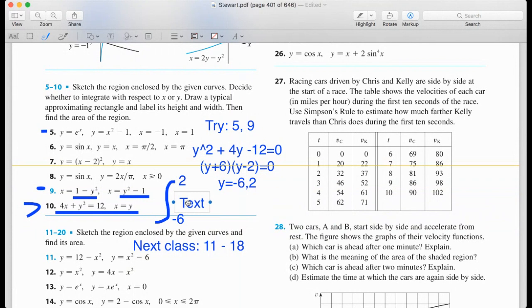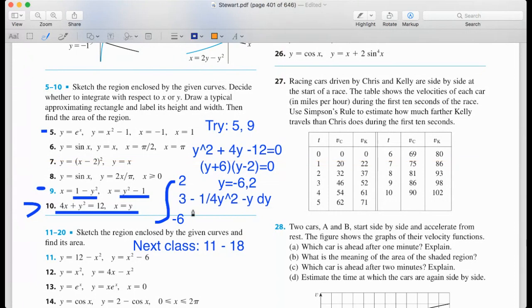We don't really care. As I said before, sometimes it's difficult to tell left or right. We just do the first one, we solve for x. So when we solve for x, what do we get? We get 12 minus y squared, divided by 4, so we have 3 minus 1/4 y squared, then minus y, then dy.